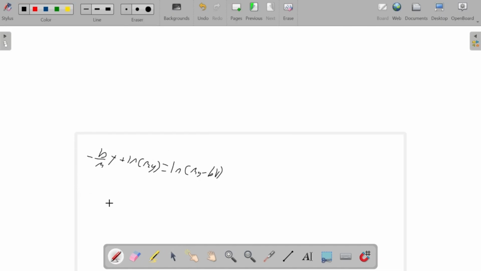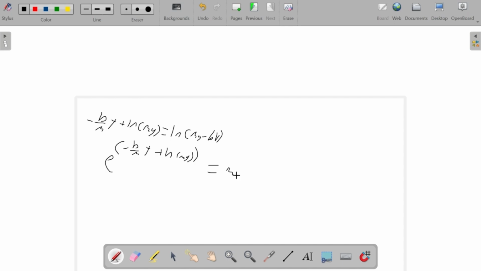Now raise both sides to the e. So we get that e to the minus b over m t plus the natural log of mg equals mg minus bv.